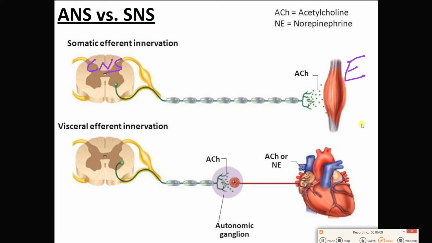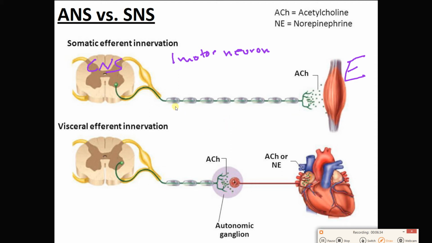Somatic is up top here, and notice how the somatic pathway starts in the ventral horn of the cord, comes out the ventral root, and goes to the effector, and it's just a single motor neuron. It is just one motor neuron that makes that passage from the CNS to the effector.